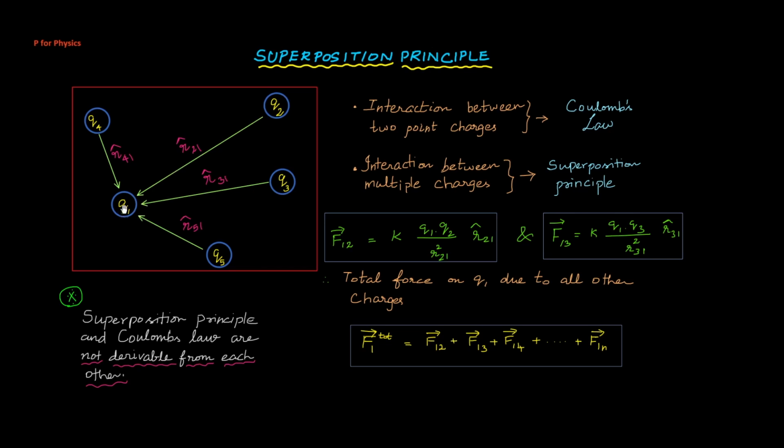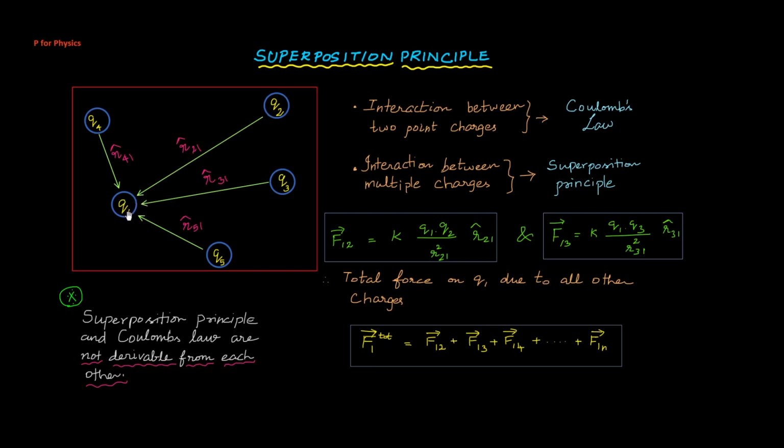Take this diagram's part with Q1 and Q2 alone. That is a little familiar to us because while we were discussing Coulomb's law, we considered two such charges, Q1 and Q2, placed at a distance of r. That is how we calculated the scalar form of Coulomb's law. Here, instead of referring to the distance between the charges, the only difference is that I am using the position vectors associated with the corresponding charges.